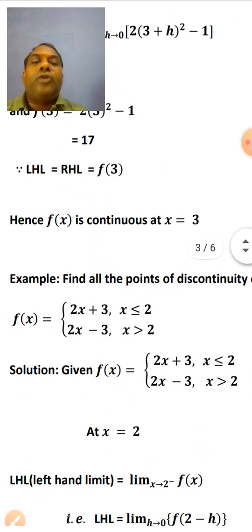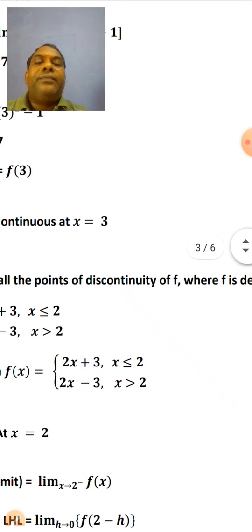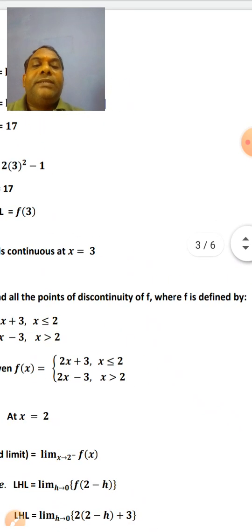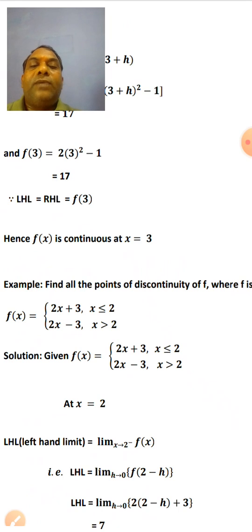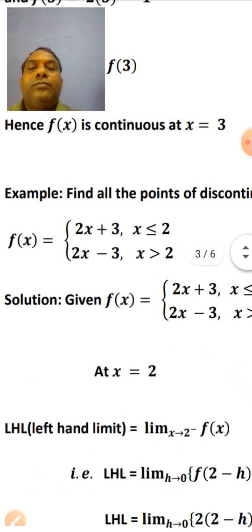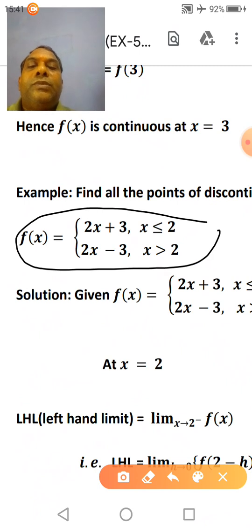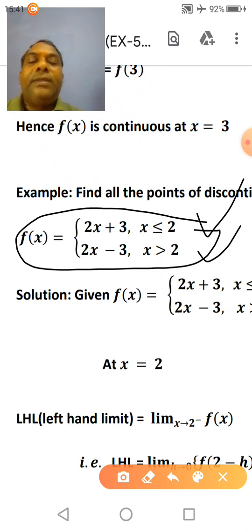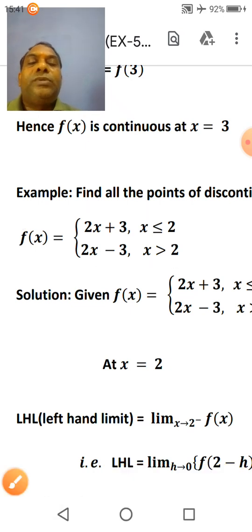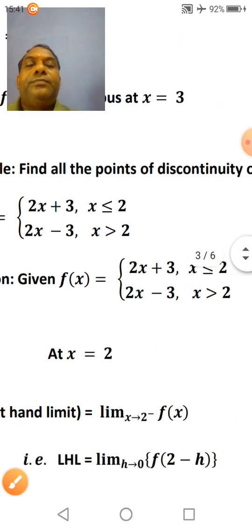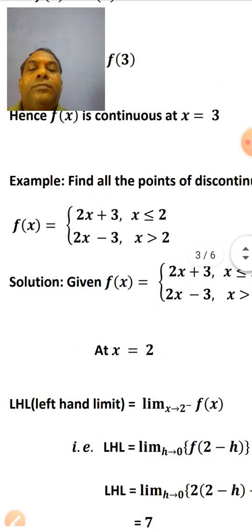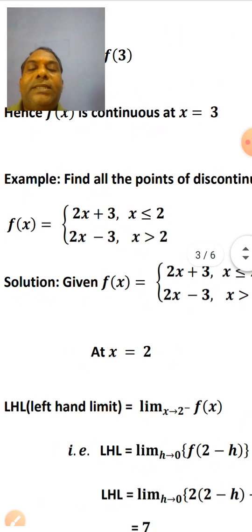Now next example. Find all the points of discontinuity of f, where f is defined by f(x) is equal to 2x plus 3 when x is less than or equal to 2, and 2x minus 3 when x is greater than 2. Clear? We have to find the point of discontinuity. Now check the continuity at x is equal to 2.